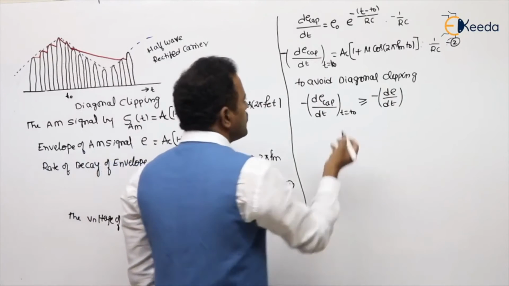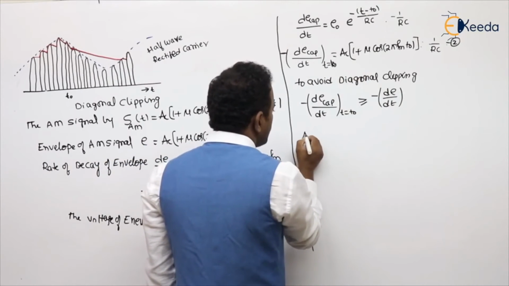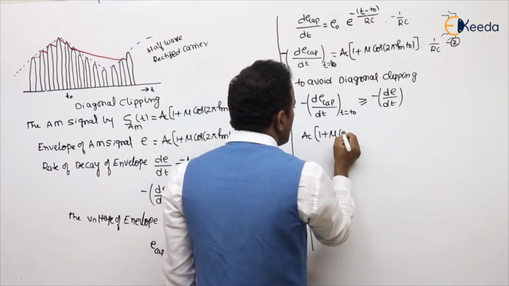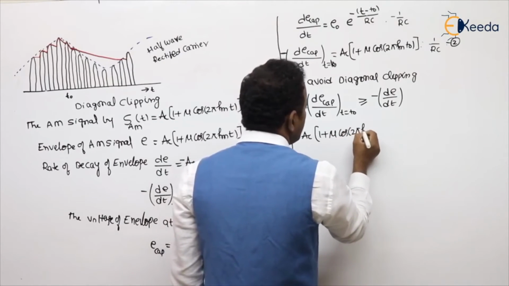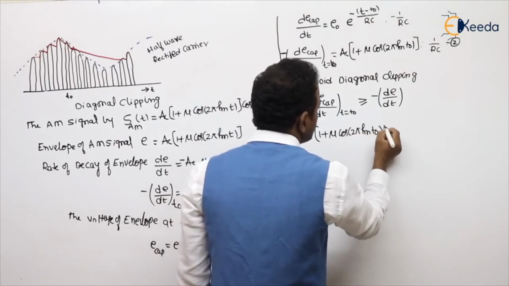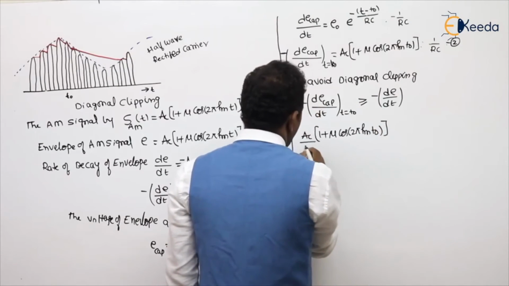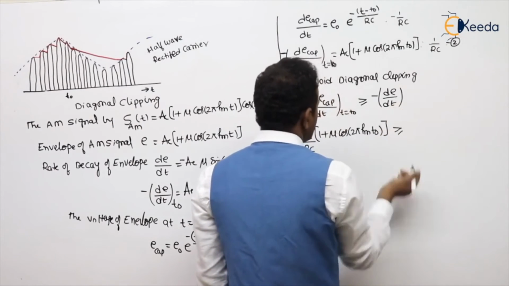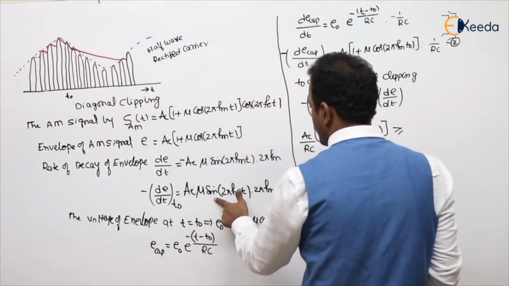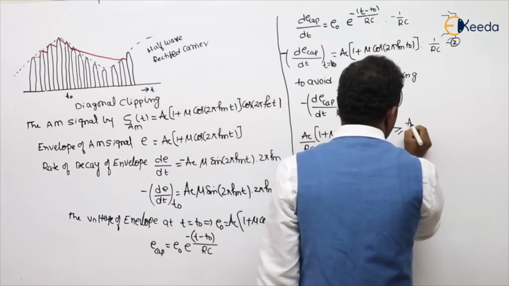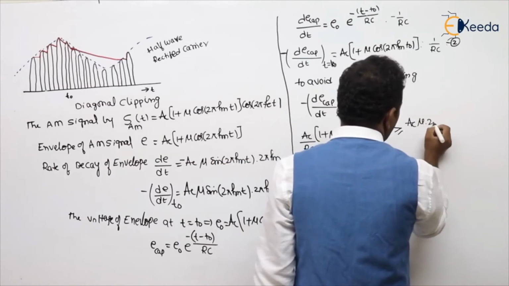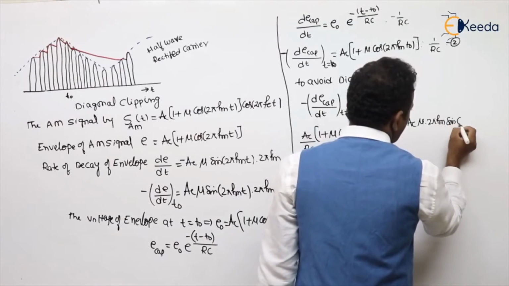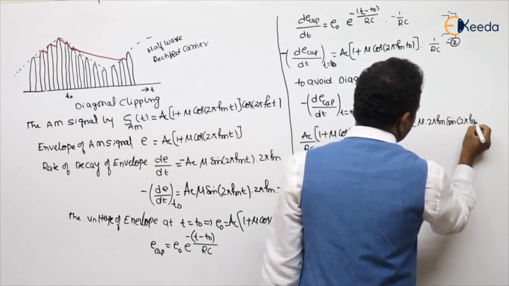Substitute those values. What is this? AC into 1 plus mu cos 2 pi Fm t naught, divided by RC, should be greater than or equal to, in what we previously obtained, AC mu into 2 pi Fm, which I am also writing outside, sine 2 pi Fm t.